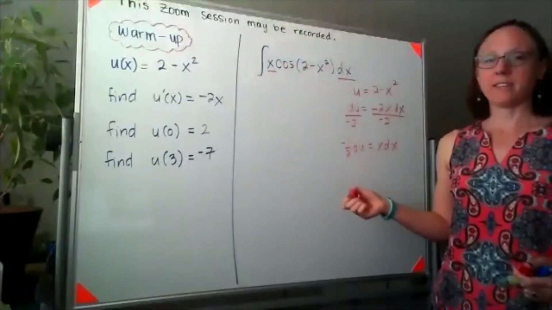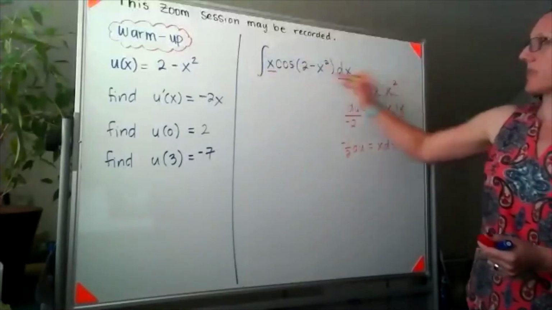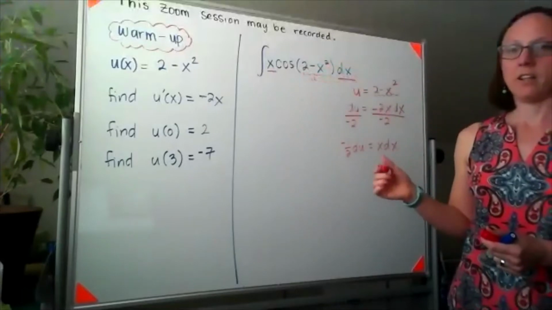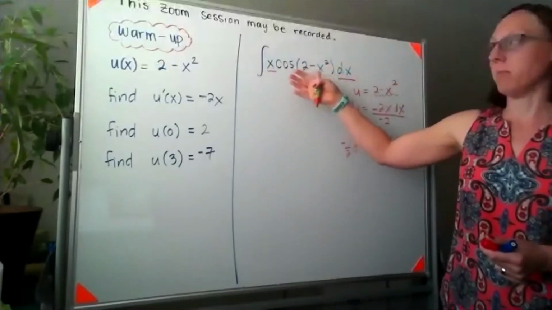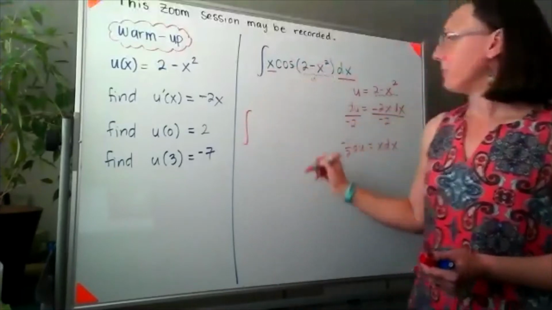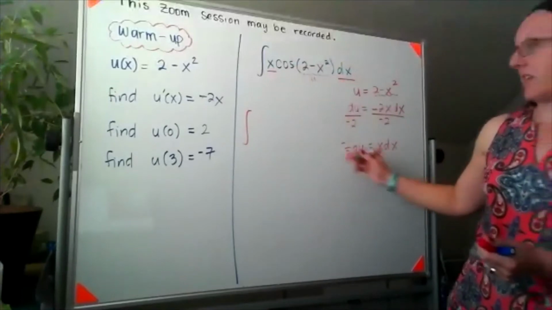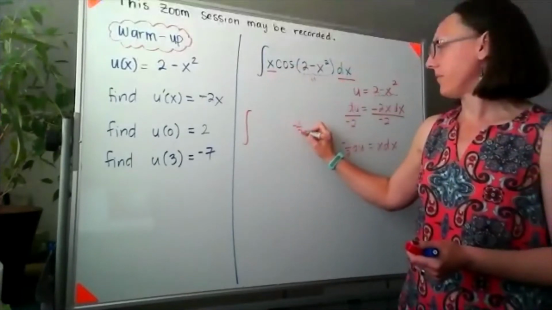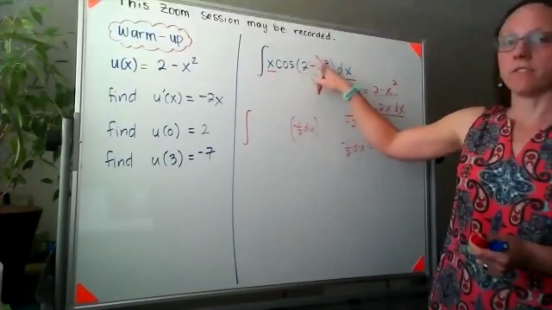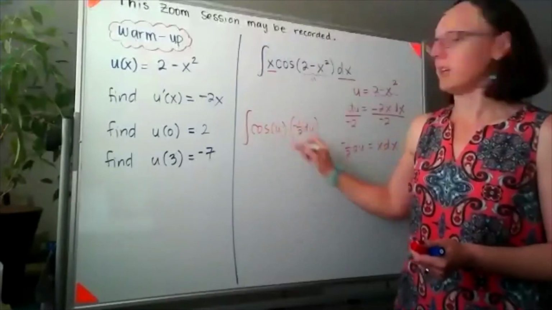The other piece that's coming from my vocabulary list is that u is 2 minus x squared, and that's going to show up right there. So I'm going to translate this problem into the language of u, so that x dx is going to turn into negative 1/2 du. And then cosine of 2 minus x squared becomes cosine of u.